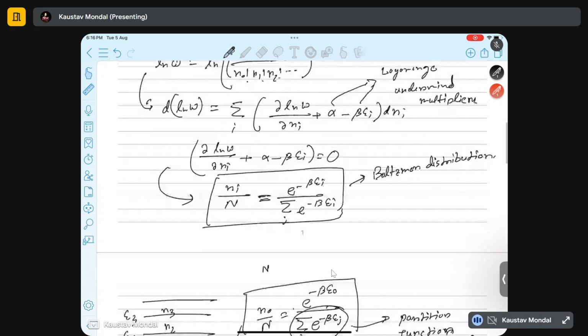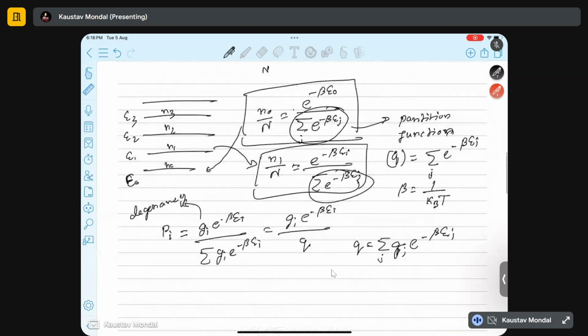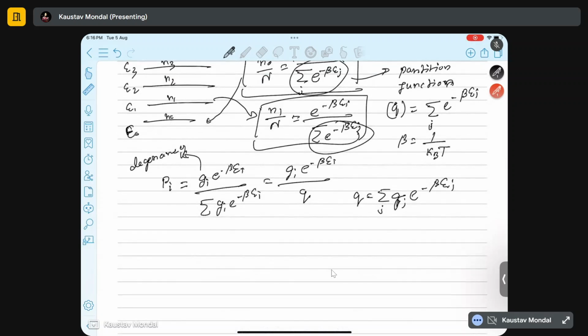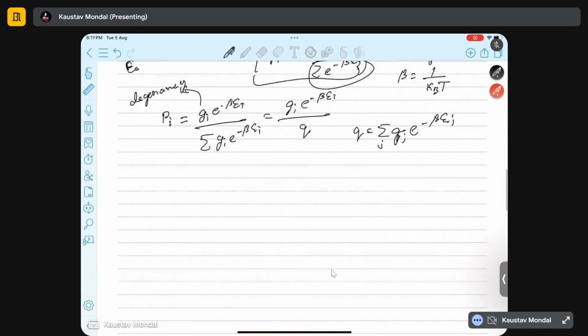Using this formula we have done several types of problems. If the system consists of two particles, what would be the partition function? For a three particle system, what would be the partition function? For an n particle system, what would be the partition function?